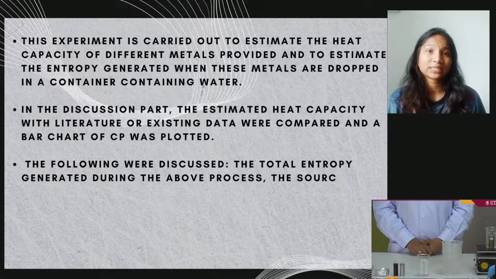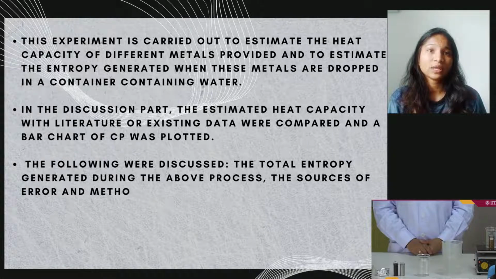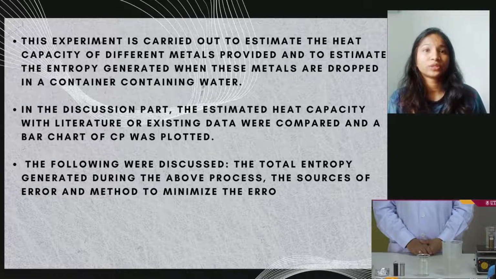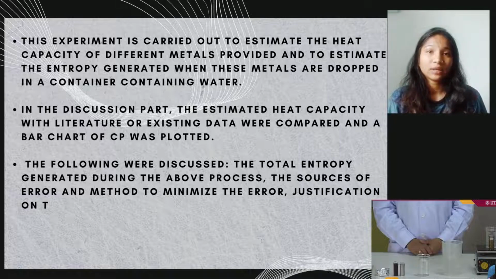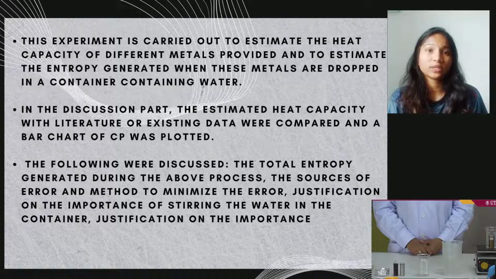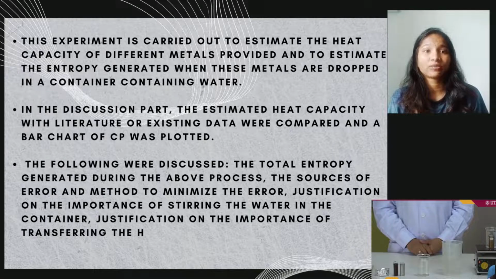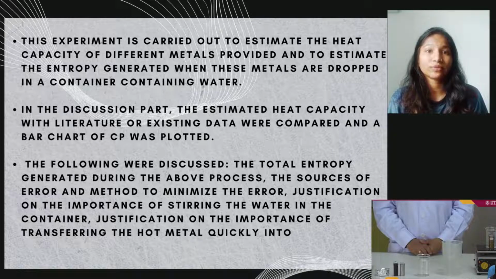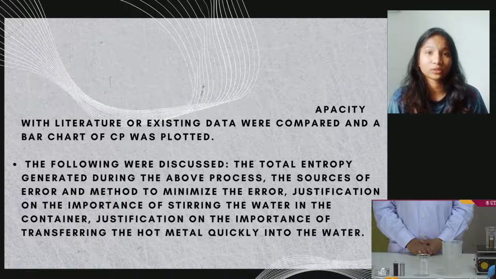The following were discussed. First, the total entropy generated during the above process. Second, the sources of errors and methods to minimize the errors. Third, justification of the importance of stirring the water in the container. And finally, the justification on the importance of transferring the hot metal quickly into the water.